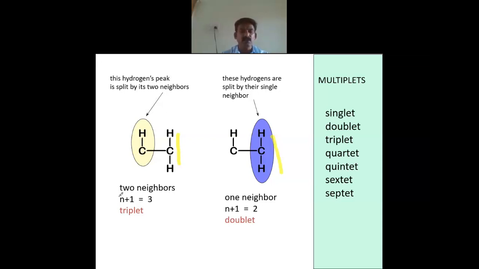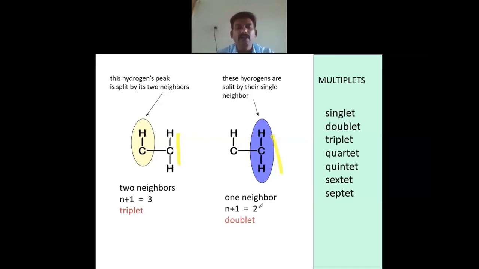Here n is equal to 2, so 2 plus 1 is equal to 3, and 3 peaks will appear. For the CH, the neighboring proton is only 1, so n is equal to 1 and n plus 1 is equal to 2.